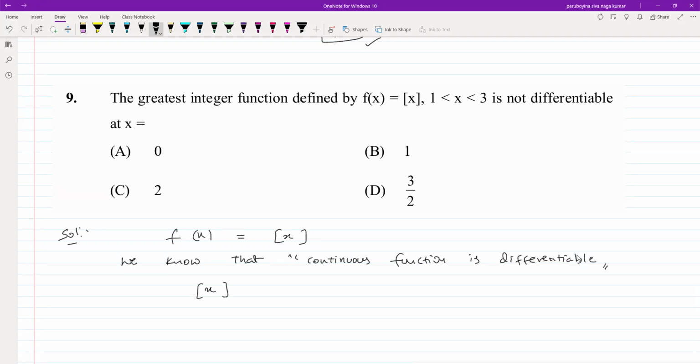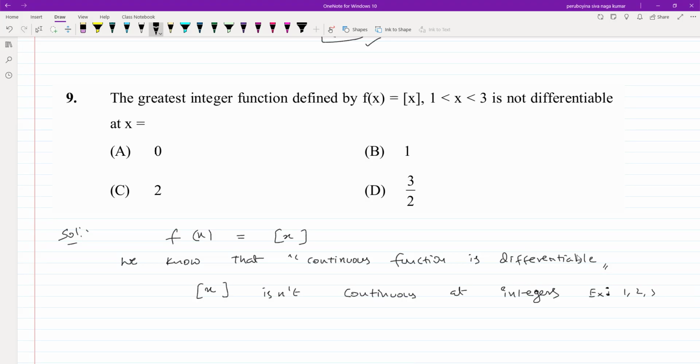Step x is not continuous at integers. Integers means, for example, 1, 2, 3, these are integers. At these points, it is not continuous, step x.